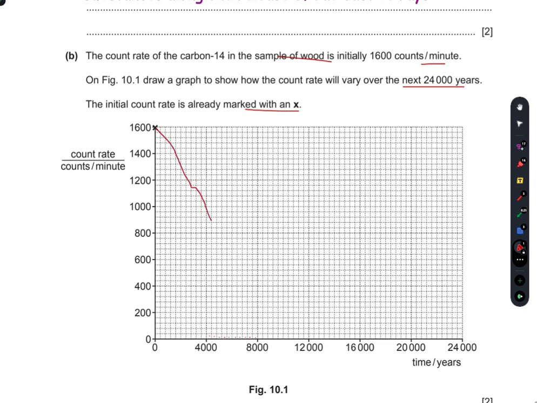Mine is by drawing. At 6,000 years, it would become half, 800. It would become 400 in the next 6,000 years. It will become 200 in the next 6,000 years, at 18,000 years.